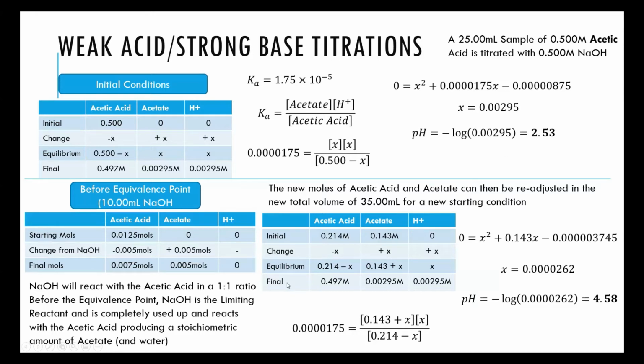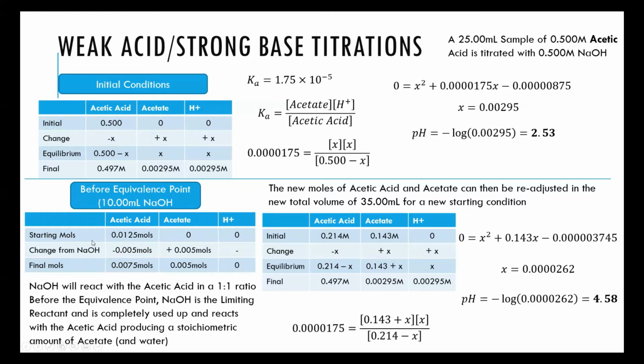The next area of the titration curve would be the area before the equivalence point. And still using the same volume, 10 milliliters of a 0.5 molar sodium hydroxide solution, you could look at this in terms of moles.